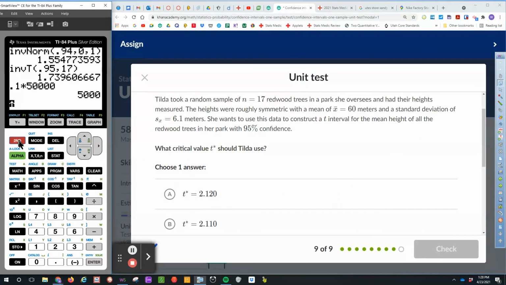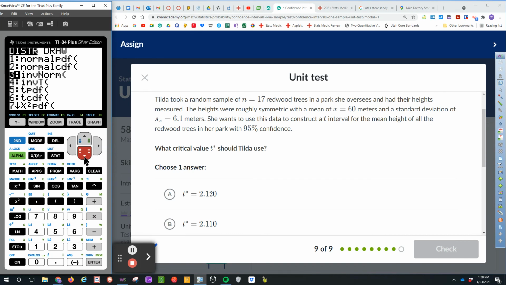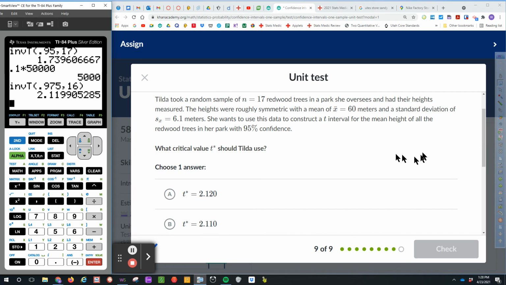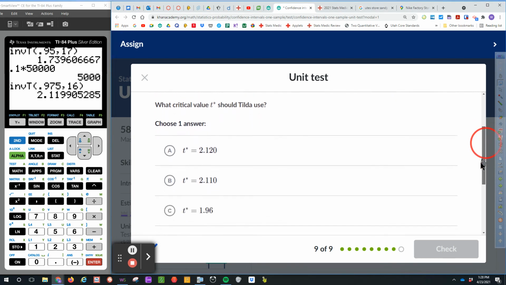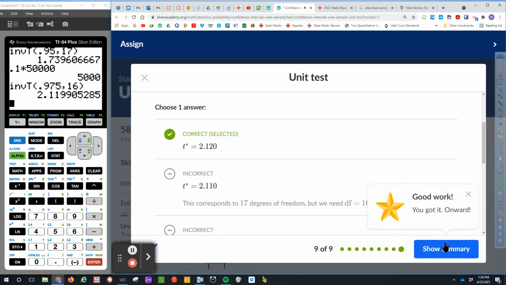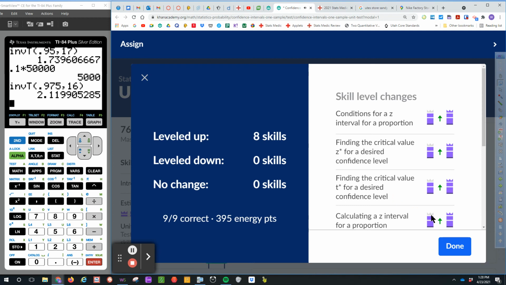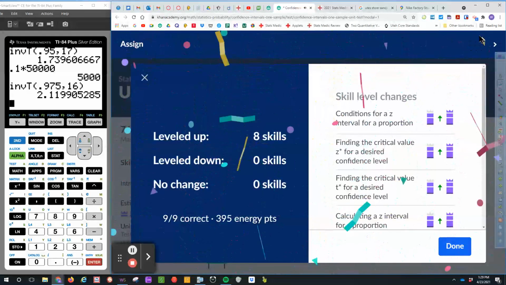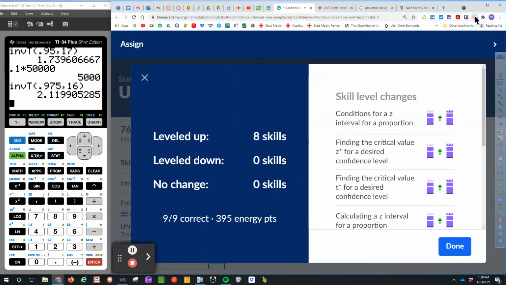So go to second bars, go to inverse T, and then 0.975, and in this case 16 is the degrees of freedom. So it's 2.12, I believe, 2.12, right? Round to 3 decimal places. So I hope this helps, and if you have any questions, let me know. Thank you very much. Bye-bye.